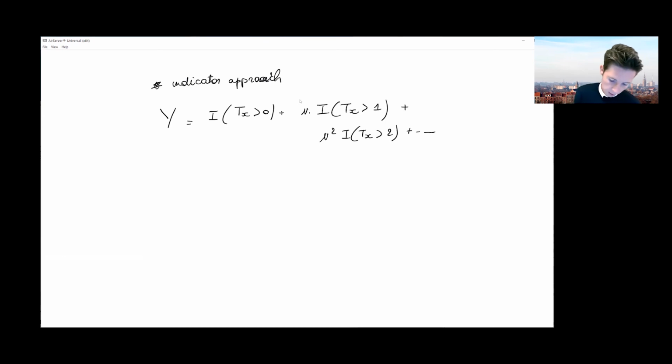And if you then take the expected value of this Y, what you are essentially doing is looking at the expected value of a Bernoulli random variable, and the Bernoulli random variables over here are this one, this one, this one, etc. So if we look at the expected value of a Bernoulli random variable, we're using the probability of success. So that in this case boils down to using these survival probabilities, right?